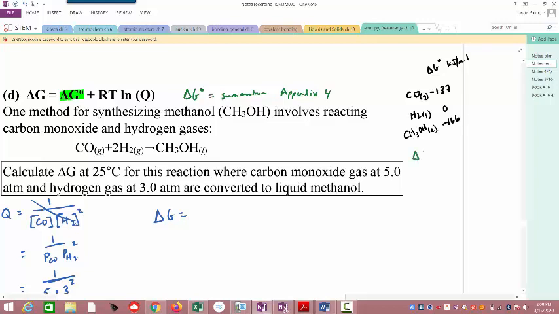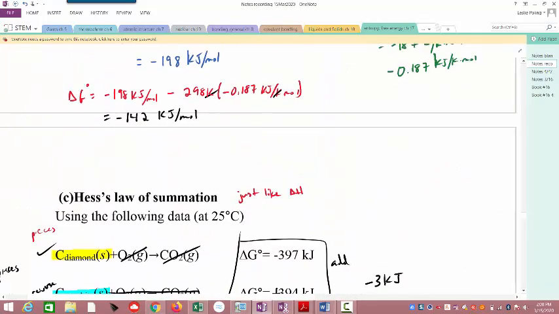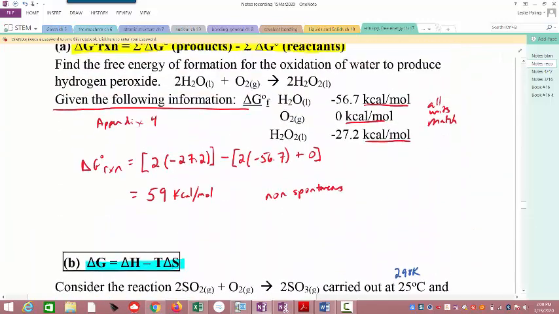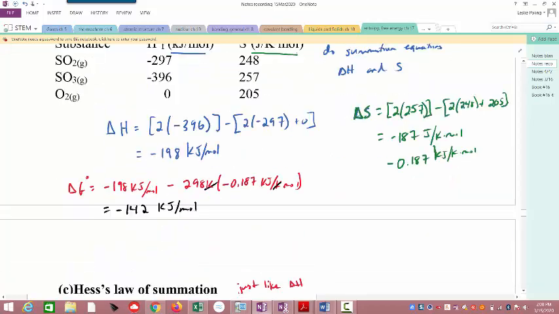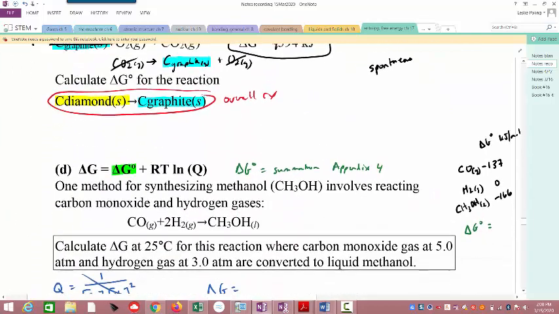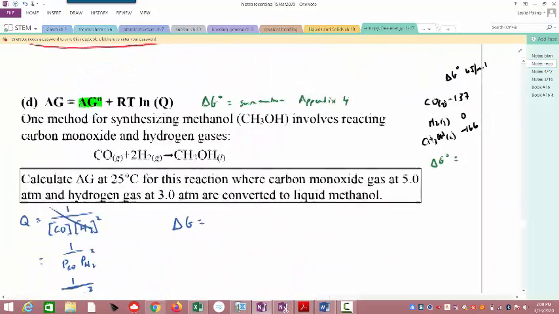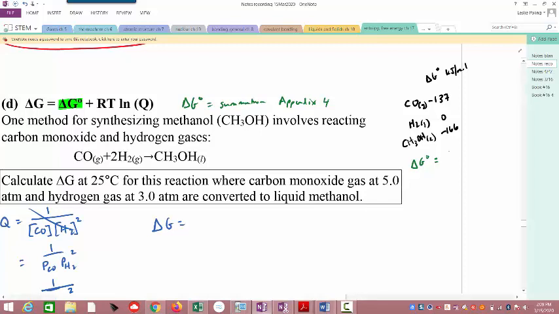So we have products minus reactants, just like we did right here in our first one. So our methanol is our product minus our reactants.